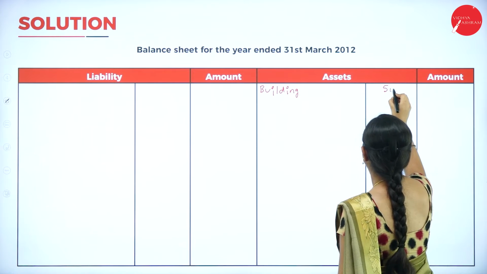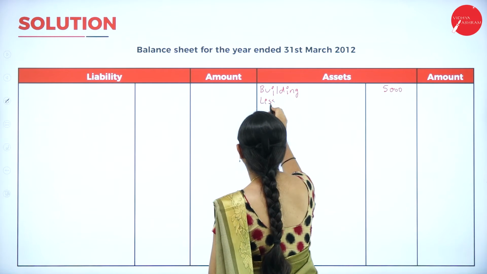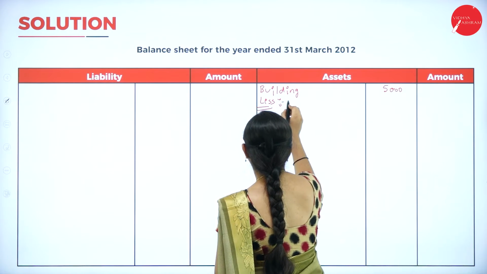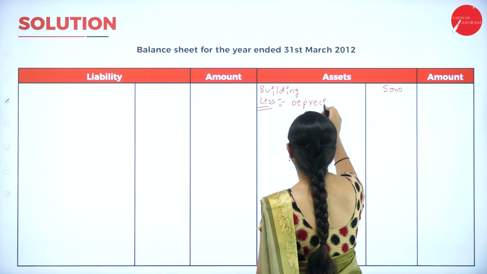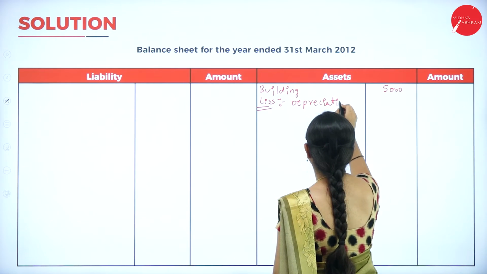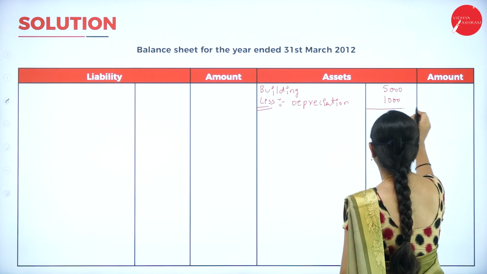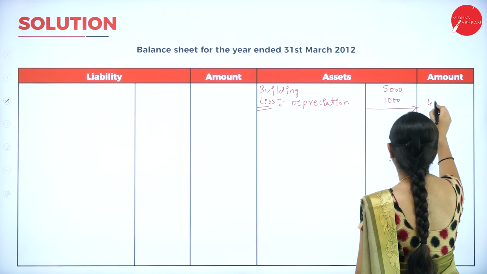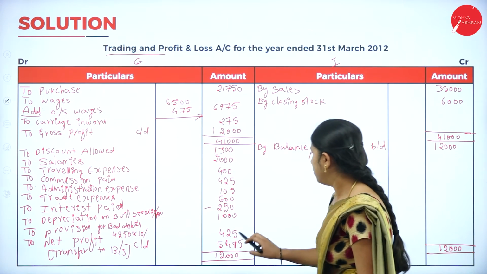Building 5,000 less depreciation 1,000, amount in the outer column 4,000. To see here, depreciation on building is 1,000.